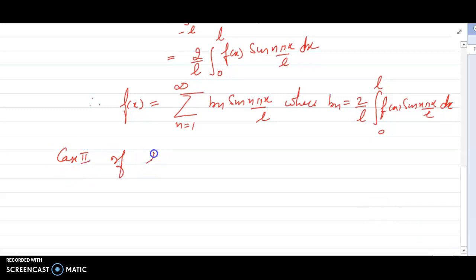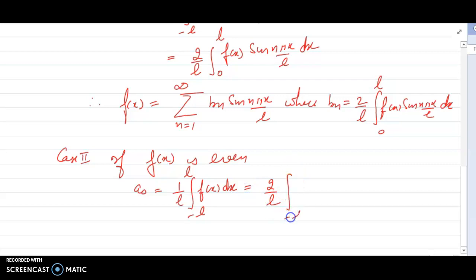Case number 2. If f x is even, a naught is equal to 1 by L integral from minus L to L f x dx, you can write it as 2 by L integral from 0 to L f x dx.